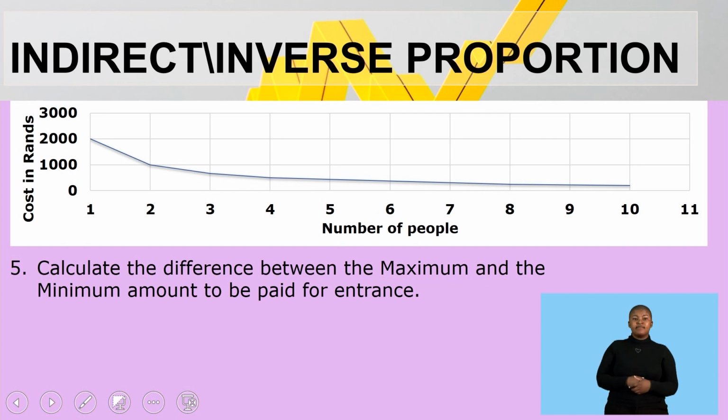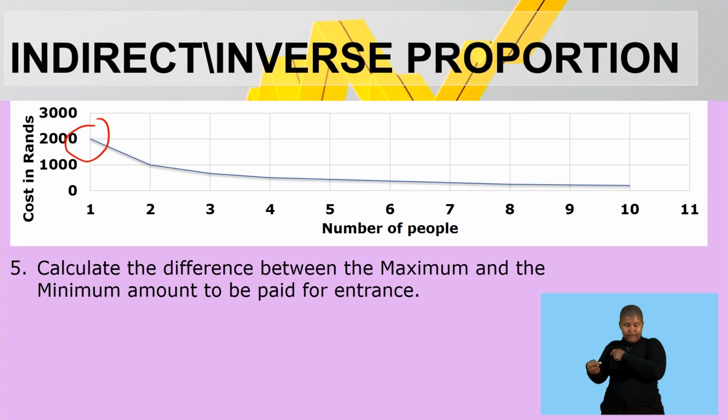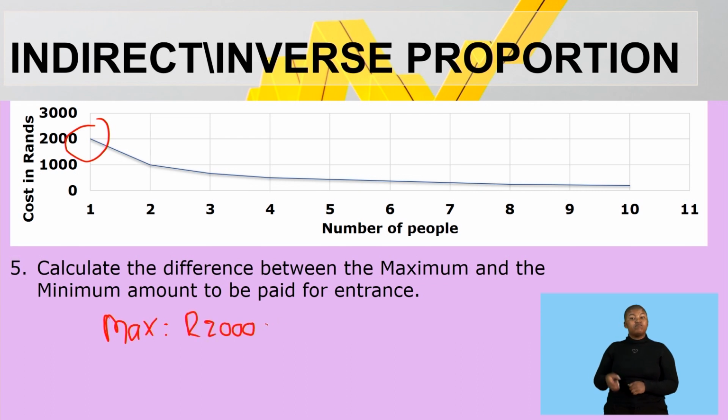Calculate the difference between the minimum and the maximum amount to be paid for entrance. So now remember, the maximum amount will be the 2,000, and that is for one person.